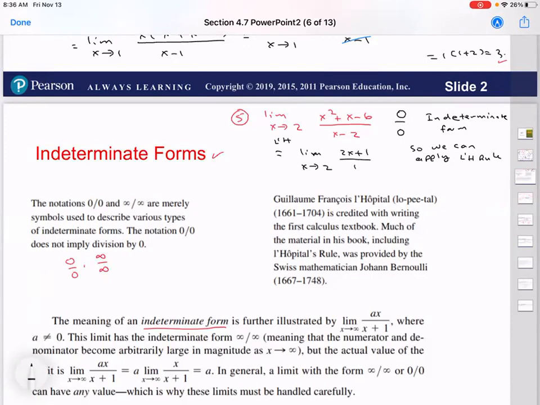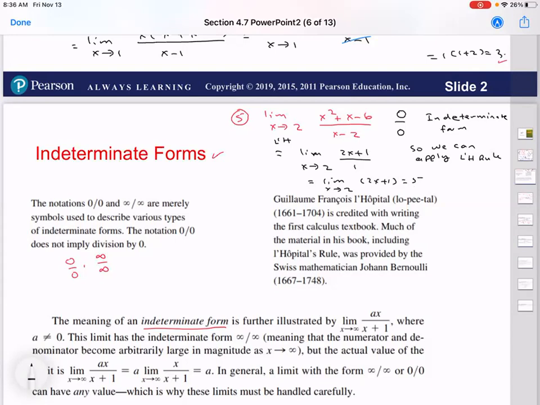Now we just have, let me rewrite this again, we just have 2x plus 1, isn't it? It doesn't matter whether you put 1 in the bottom or not. How do you find this limit? Plug in 2 for x. What do you get? 2 times 2, 4, plus 1, 5. You get 5. Again, you don't have to use L'Hopital's rule here.